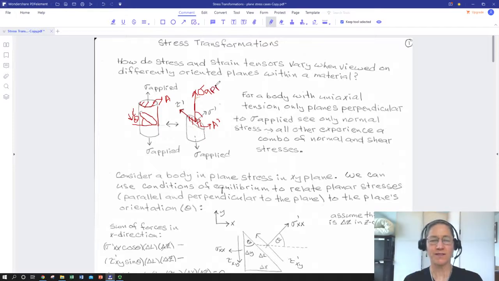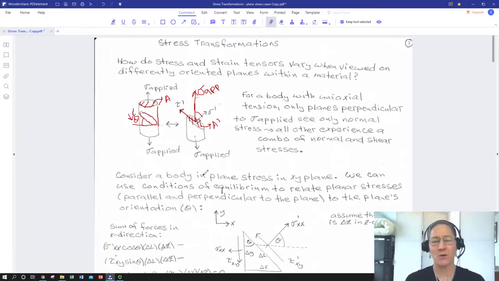We'll call it sigma A app. But we'd like to expand that and not have this idea be so specific to a given geometry where we're having to calculate a particular new area for a plane. We'd like to derive a general relationship between any applied sigma in the x, y, and z direction, any applied shear, tau xy, tau yz, tau xz, and then look at the shear and normal stresses on any particular plane, any orientation, irrespective of the size of the material.